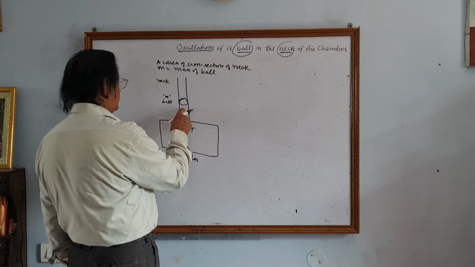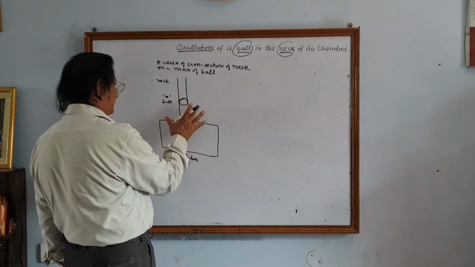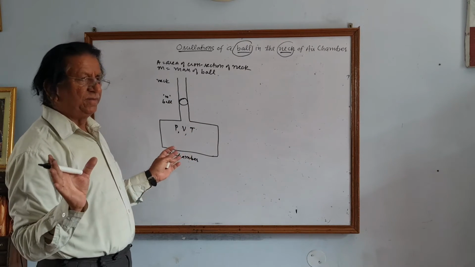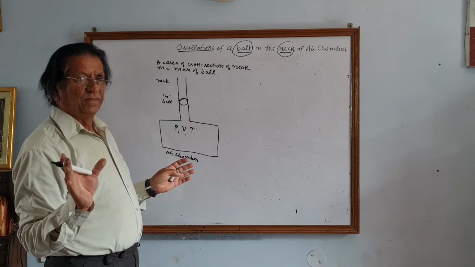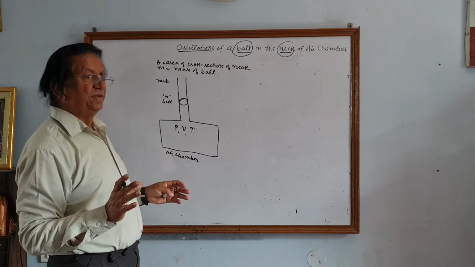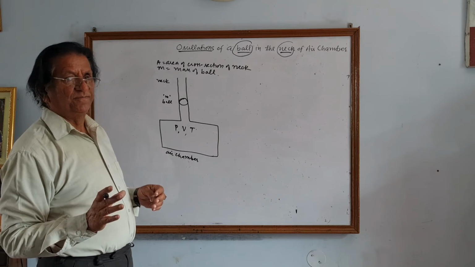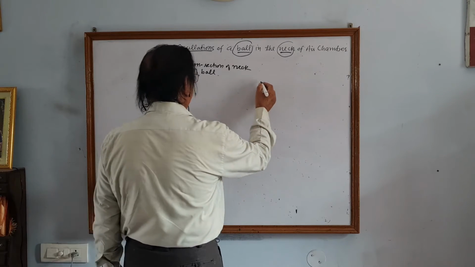So this is the ball and the system is in equilibrium. There is no movement in the ball. Now how to make the ball oscillate simple harmonically? Second diagram.